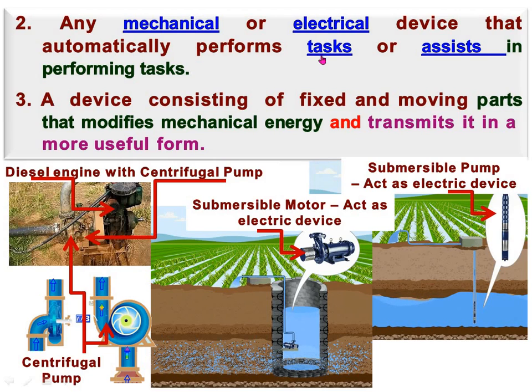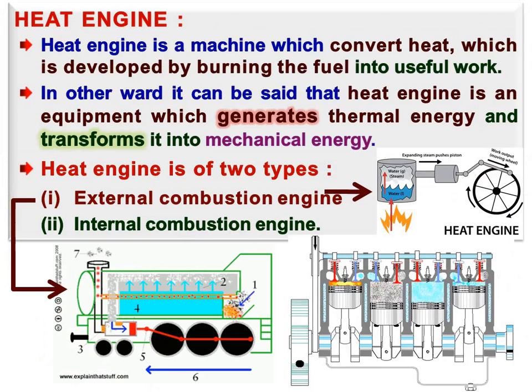So this device is called, we can say, an electrical machine or electrical device. Same way, this submersible pump acts as an electrical device and lifts the water either from the bore or from any other sources. So we can say this is electrical machine or electrical device.